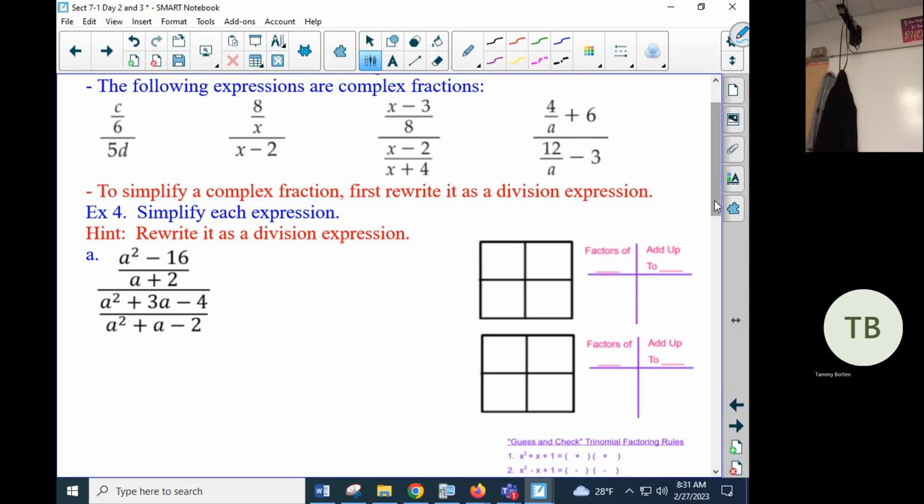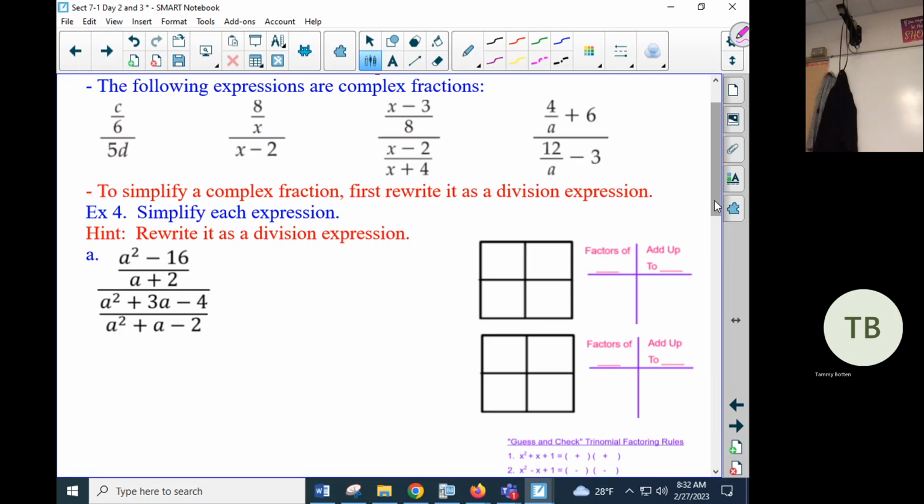Now, this last thing is where we have what's called complex fractions, and it looks a lot harder than it is, I promise. What this is, this fraction divided by this, they're actually called a rational expression. So think of this as this fraction divided by this fraction.